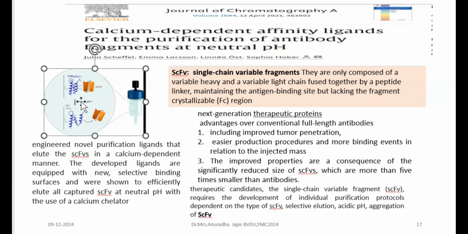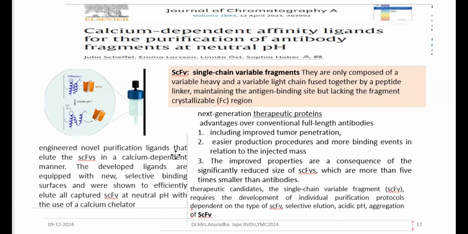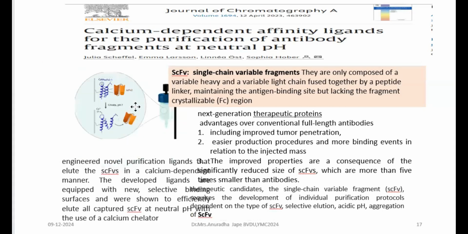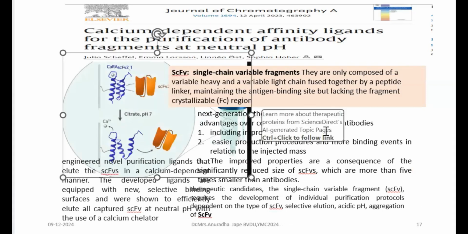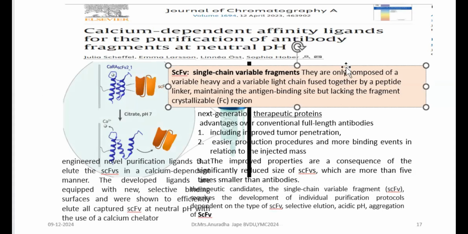So if you take this diagram, you can see, right, that this is the chromatographic column, and it is the cross section of one of the beads. In one of the beads, what you are seeing is the linkers, or ligands, and this is the SCFV fraction, single chain variable element. It is linked with the peptide segment, the helical segment.